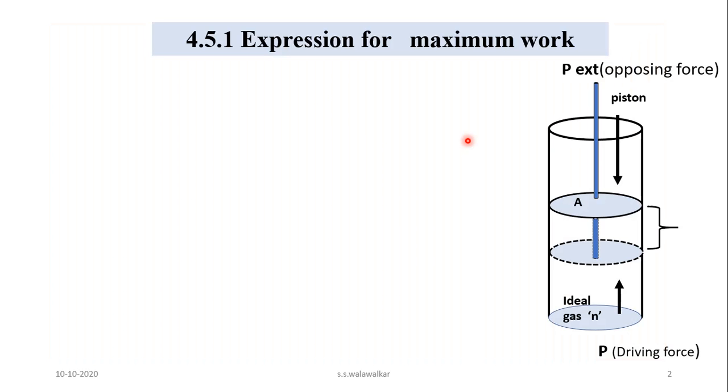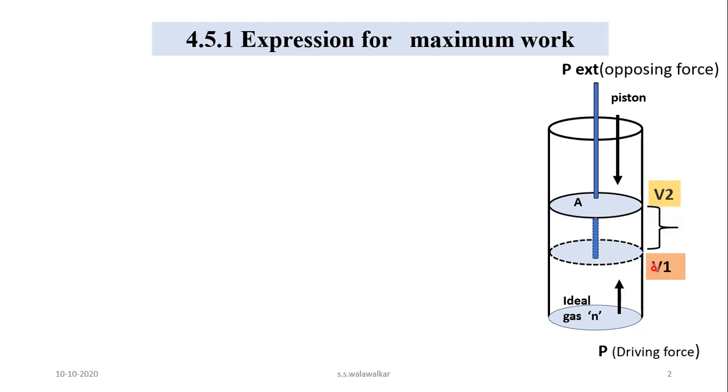For that, consider a cylinder fitted with a weightless movable piston. N moles of an ideal gas are enclosed in this cylinder, and the pressure of this gas is P, which is called the driving force, and the pressure outside the piston is P external, which is called the opposing force, and V1 is the initial volume of the gas.